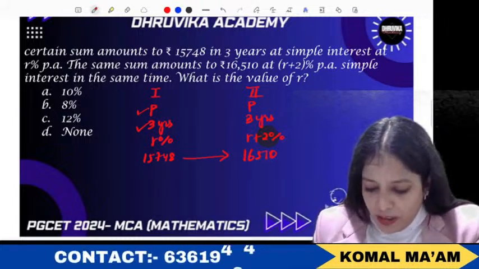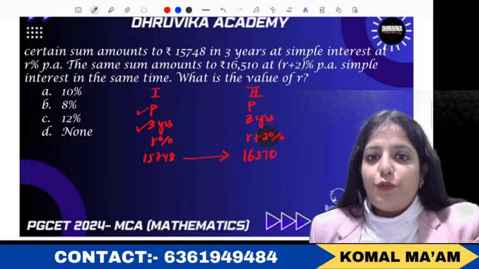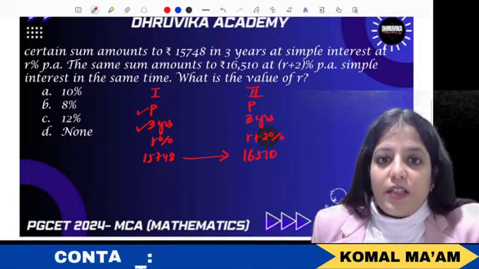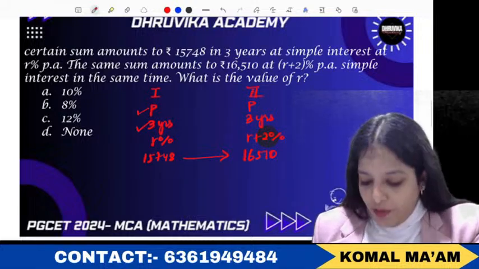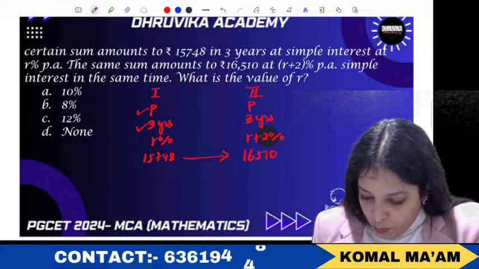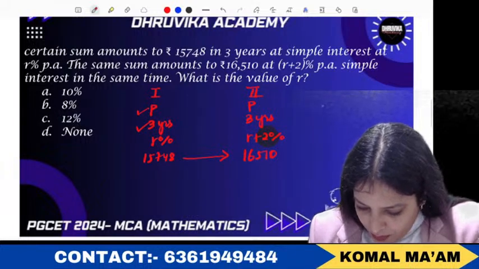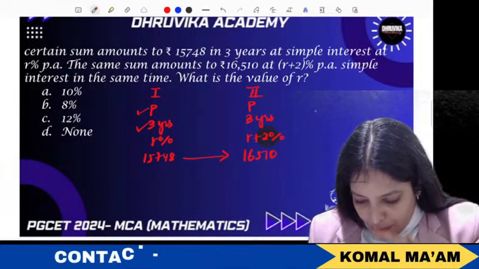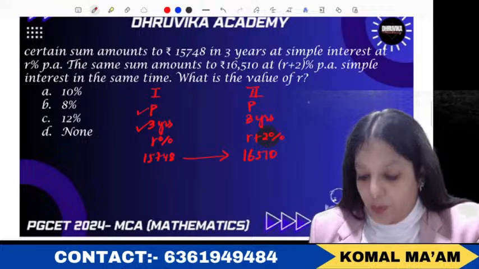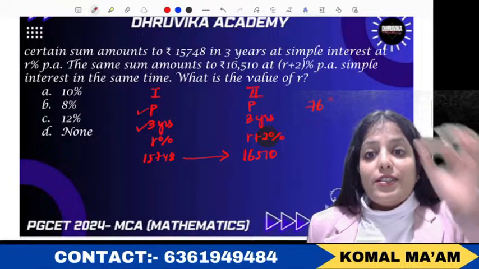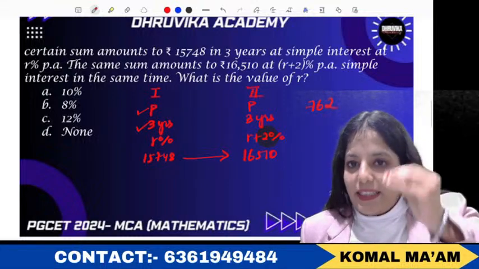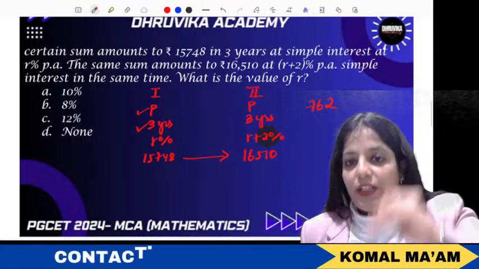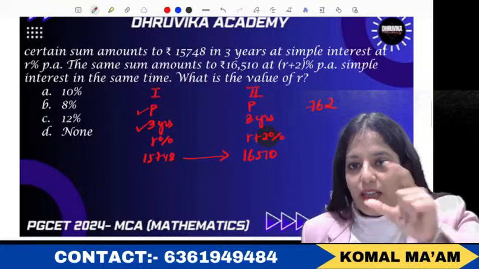And what's that amount? Just subtract 15,748 from 16,510. So that will give you 762. Yes. So this 2% variation in the rate gave a difference of 762 in the amount.